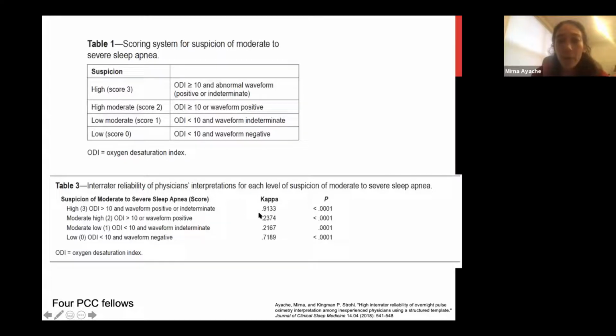There was very good agreement for score 3 and score 0, with a kappa of 0.9 and 0.7, but in the middle there was a little bit of variability, which makes sense. Most people will agree this is positive for sleep apnea, or this is negative, but when it's in the middle, people say, well, we don't know. So that made sense.